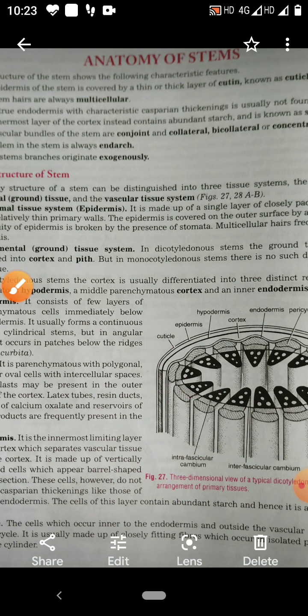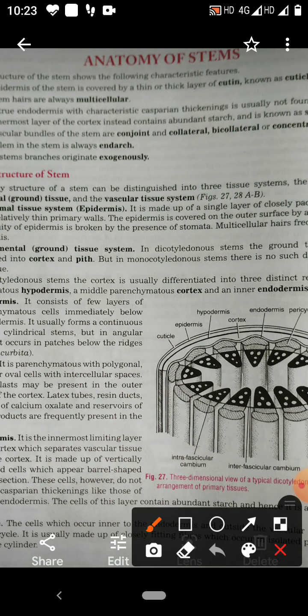Next, in the dicot, vascular bundles are not surrounded by sclerenchymatous sheath, but in the monocot, vascular bundles are surrounded by sclerenchymatous sheath. Another difference is in the phloem. In the dicot, phloem is made of sieve tubes, companion cells and phloem fibers.